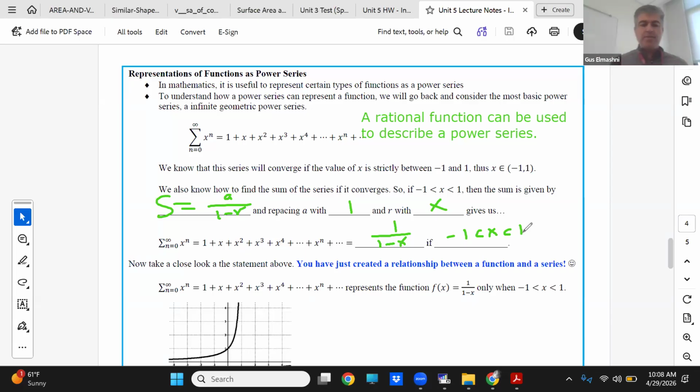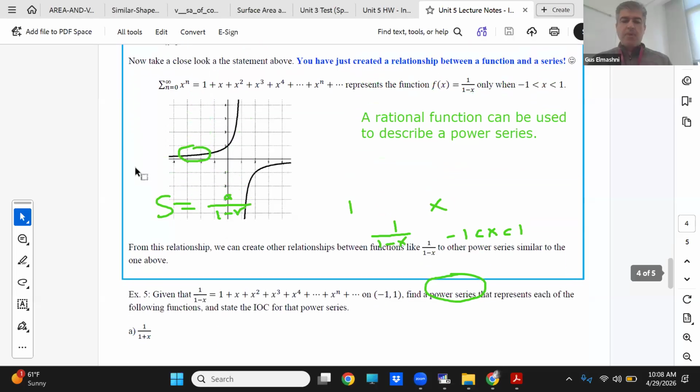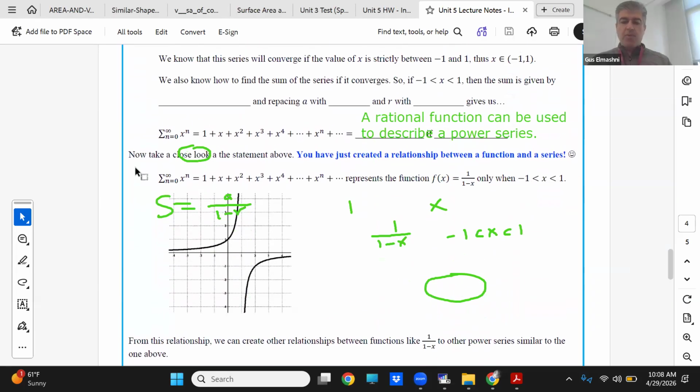So the sigma notation, n equals 0 to infinity, you have 1 plus x and so on. Remember, we always want to start with n equals 0 because you want x to the 0 as your first term, which is 1. And it's represented by the function 1 over 1 minus x, where x is between -1 and 1. We know how this looks graphically: it has a vertical asymptote at x equals 1 and a horizontal asymptote at y equals 0. From this relationship, we can create other relationships between functions like 1 over 1 minus x and other power series similar to the one above.